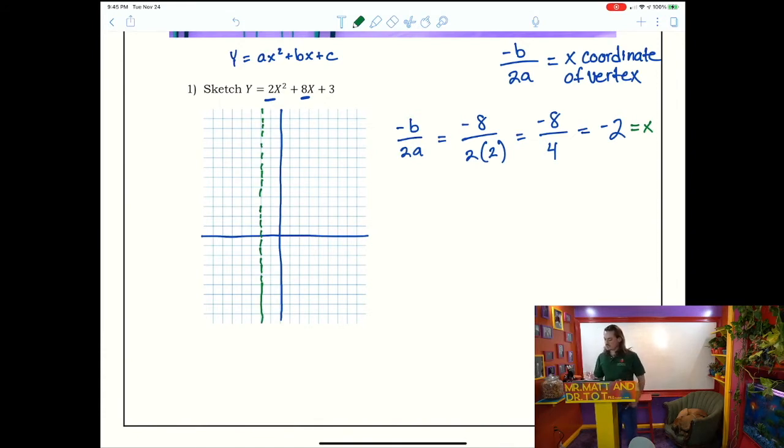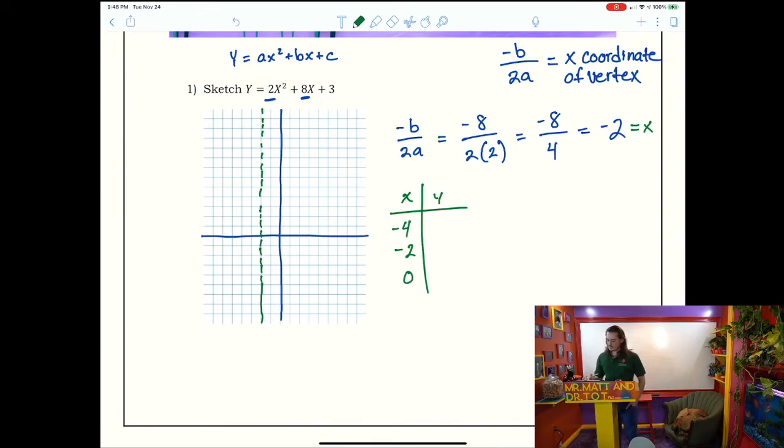So what I can do is evaluate that point. That's definitely going to be one point that I want to look at. If I draw out an x and y table, I definitely want to look at x is equal to -2, but I also want one value to the left and another value to the right. So I'm going to pick -4 and I'm going to pick 0.